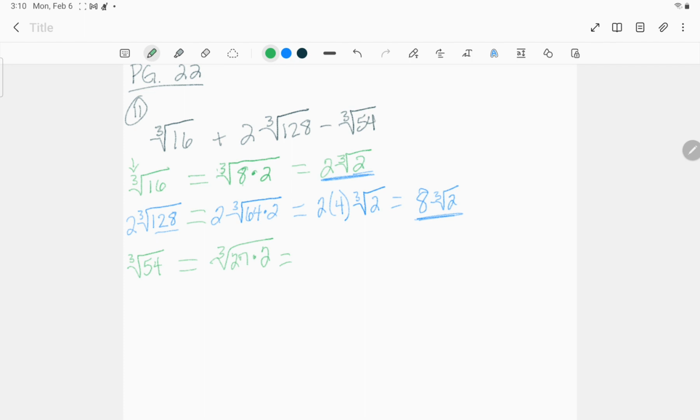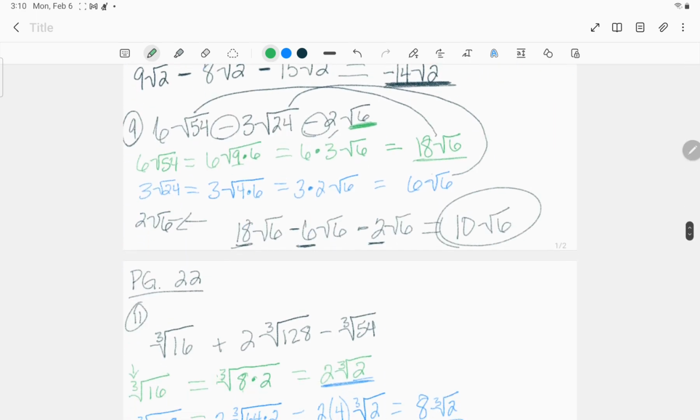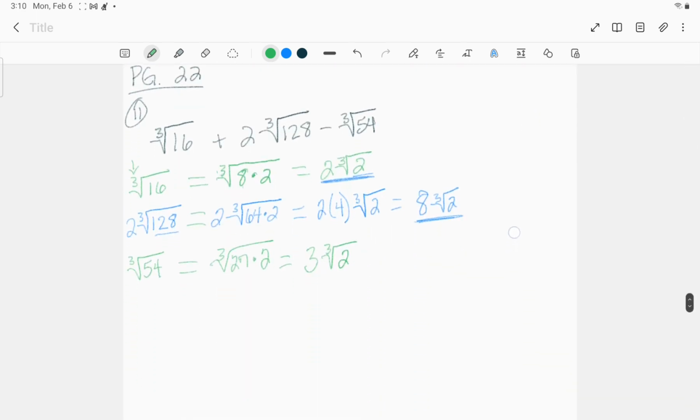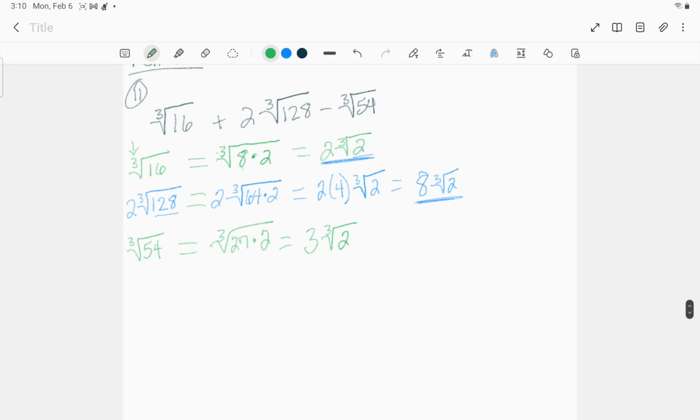So what is the cubed root of 27? What times what times what gives you 27? Hope that you said 3. If you did, you're correct. If you're still working it on the calculator, learn your multiplication tables. 3 times 3 is 9, times 3 is 27. That's how I come up with that so fast. All right, so there's our third number.